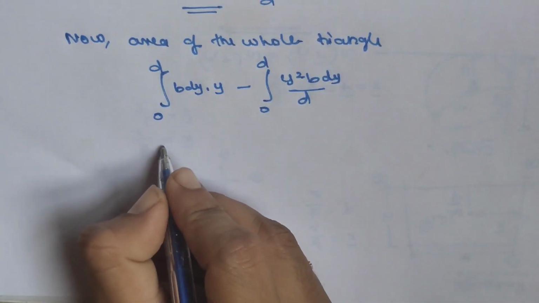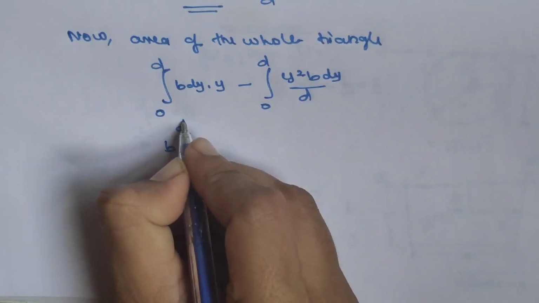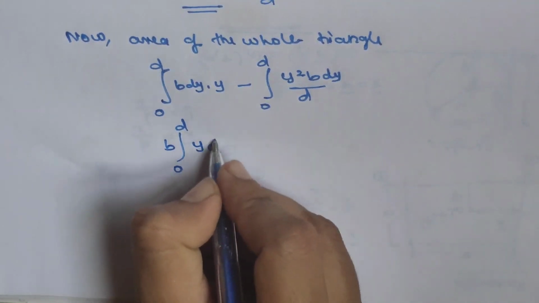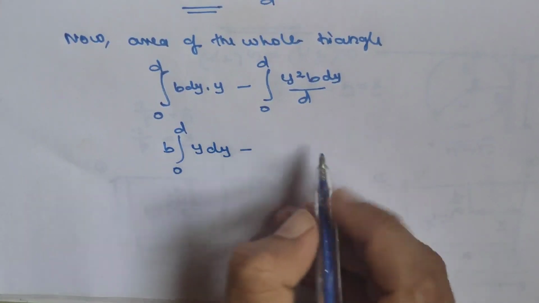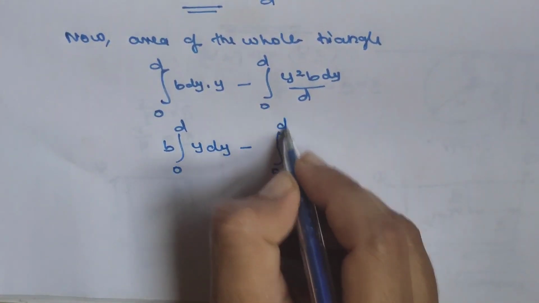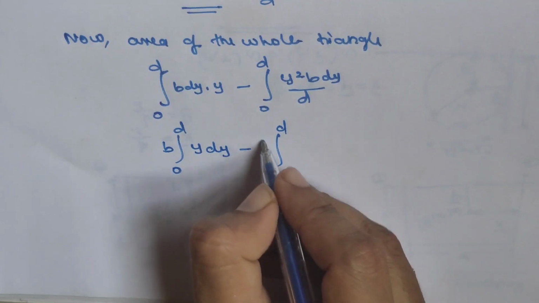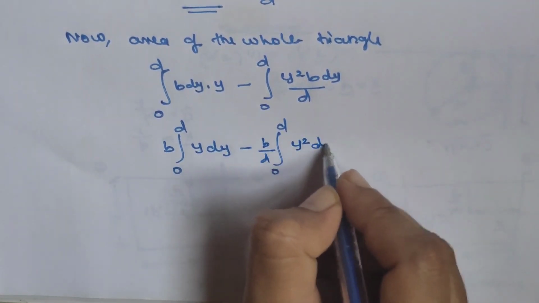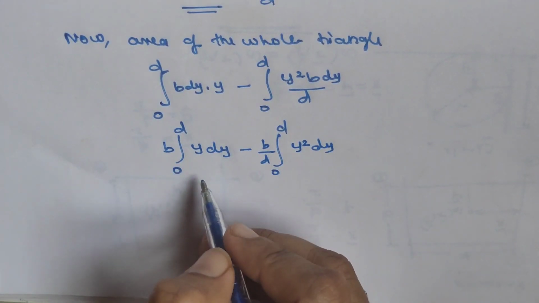While taking b as constant, 0 to d, we get y dy minus, again 0 to d, b by d into y square dy. So what is the integration of y?